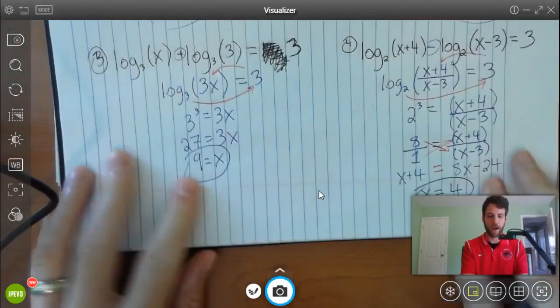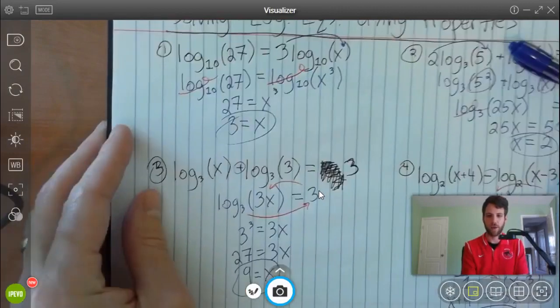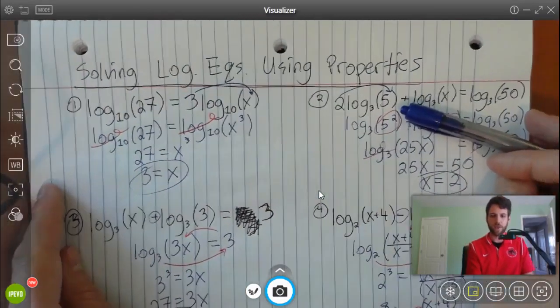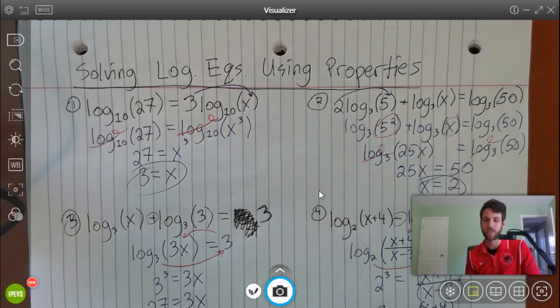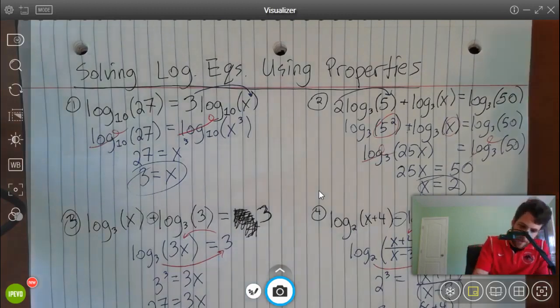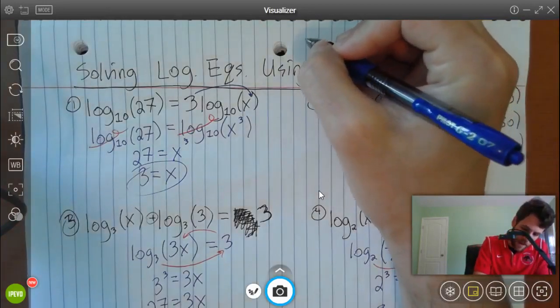An important reminder for all logarithm equations is that you can't take a logarithm of something negative. So if you ever get an x value as an answer and you put it into any logarithm where it's taking the log base whatever of a negative number, that can't happen. So up here at the top I'll write a little note for everybody.